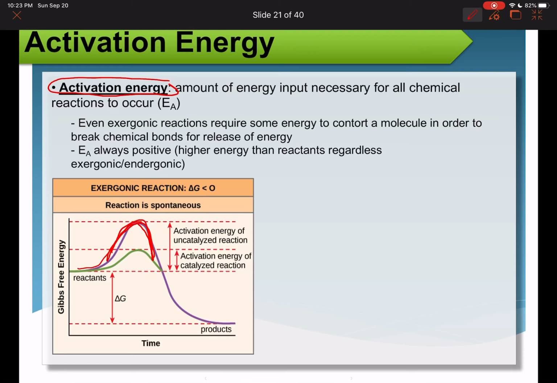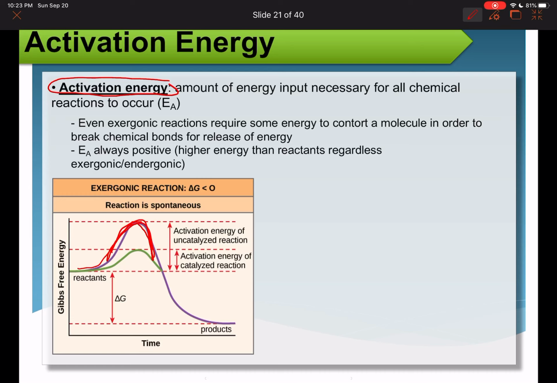Okay, so that little bit of energy is what's going to contort that molecule to break or form whatever chemical bond for that release of energy. If it's an exergonic reaction, we're breaking a chemical bond for release of energy. If it's an endergonic reaction, we're contorting that bond so that it can be formed, and we can use the input of energy to form the bond in the resulting product.